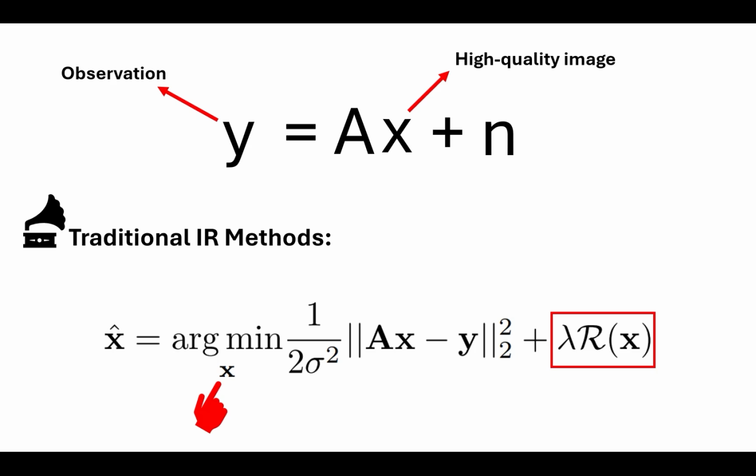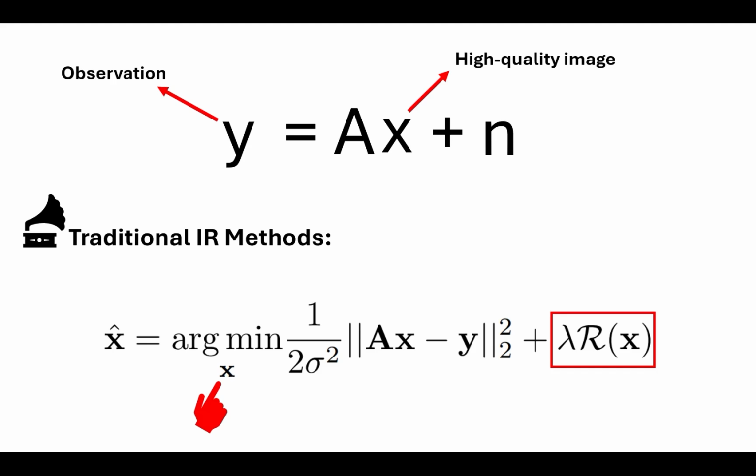Because you can imagine an easy way of solving, let's just say, a super resolution task is just to upsample the given Y vector using nearest neighbor upsampling, and we have a higher resolution image X that if you multiply it by matrix A again, the difference between AX and the observation is 0. But that high resolution image X is pixelated and it doesn't look real to us.